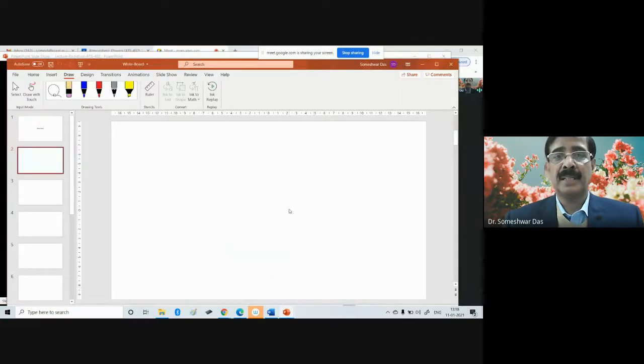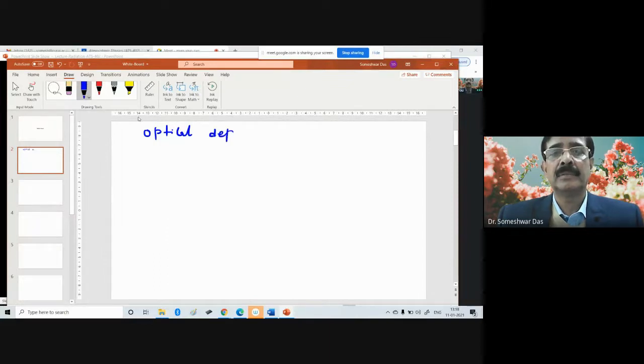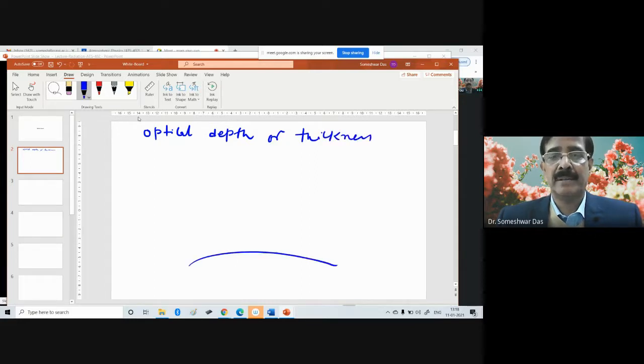Then we try to measure the optical thickness, or optical depth, through satellites. Suppose this is your Earth, and these are the different layers of the atmosphere.